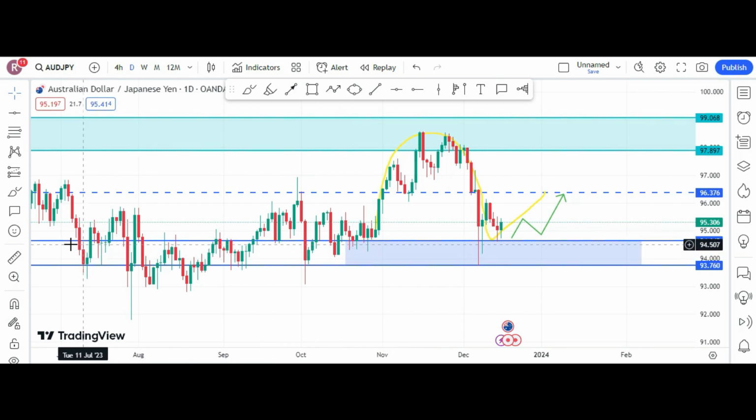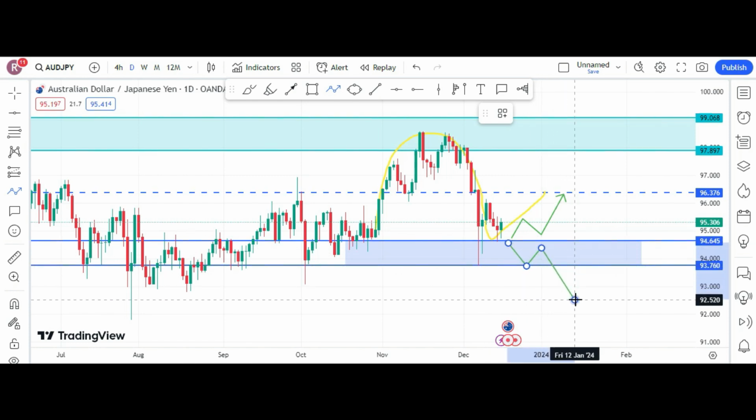A lot of buyer and seller participation is here, so it needs to go high, take out this liquidity at least, and come down. That's it for AUDJPY.